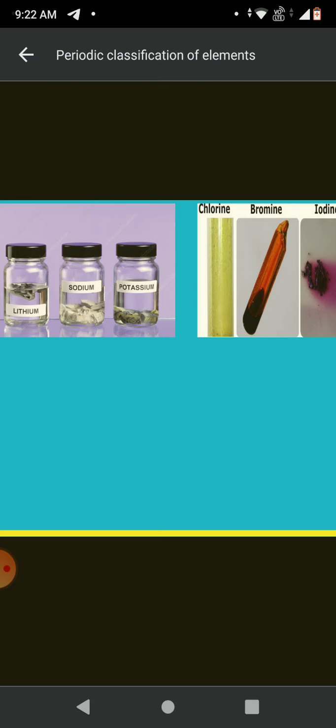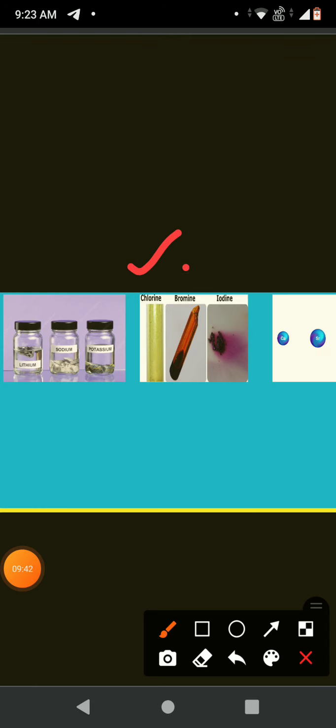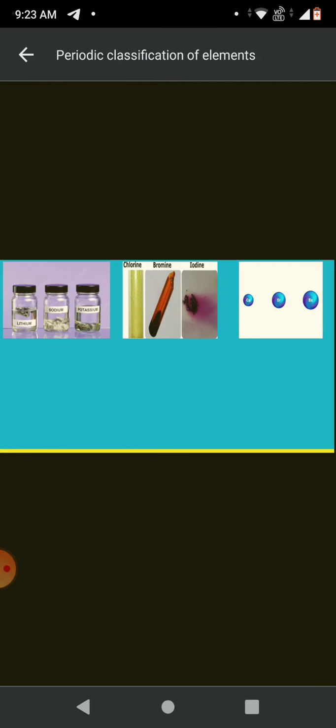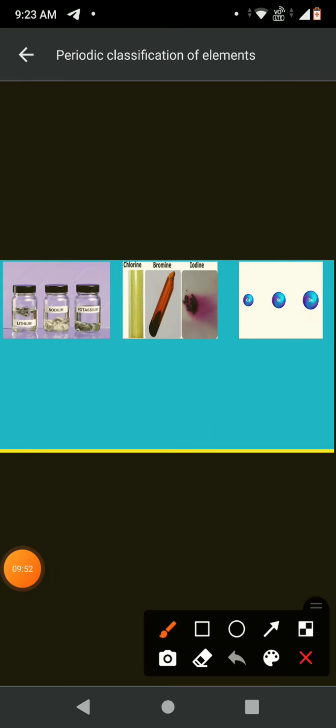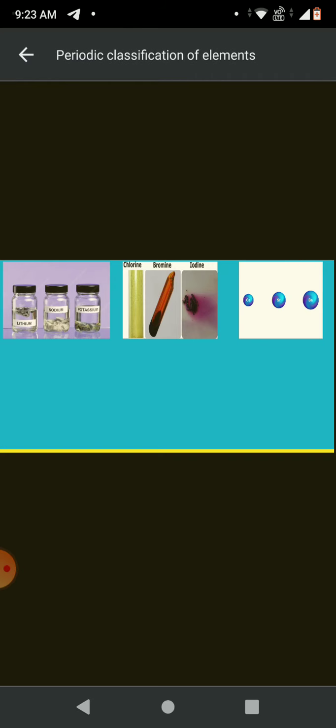Then, here, this is chlorine, this is bromine, this is iodine. These are 3 elements which show similar properties. Then there is one more group: calcium, strontium, barium. Again these three elements show similar properties.